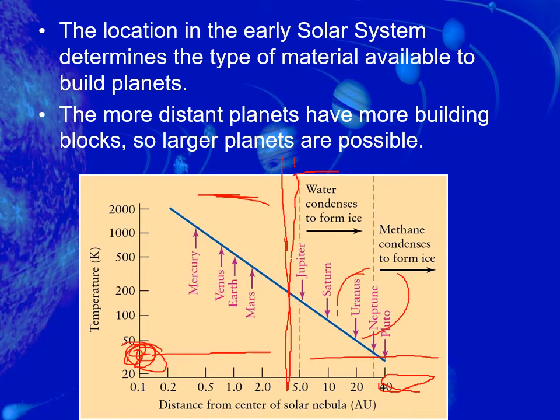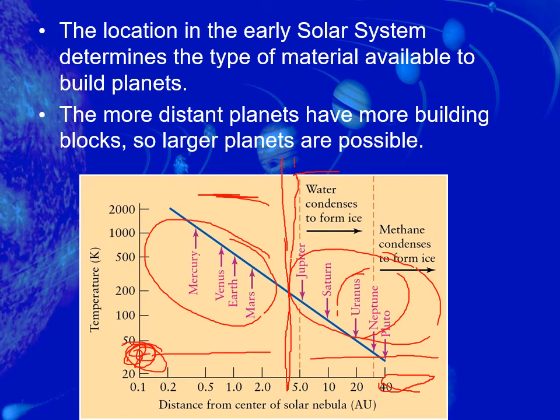And so that's why the inner planets are mostly rocky planets, and the outer planets are made of icy things on the inside, but once they get big enough, they can hold on to more gas, and that can allow the planet to get vastly bigger. So that explains the gas giants in the outer solar system and the rocky planets in the inner solar system.